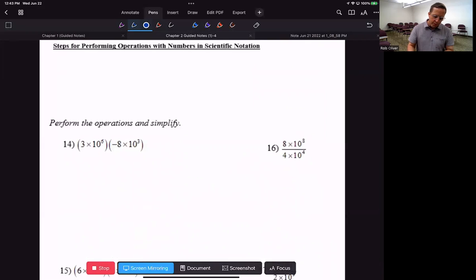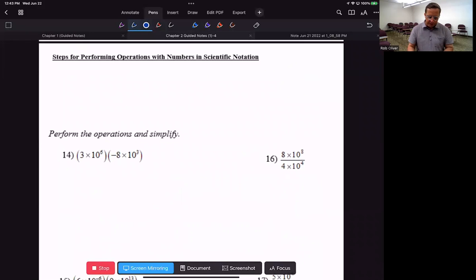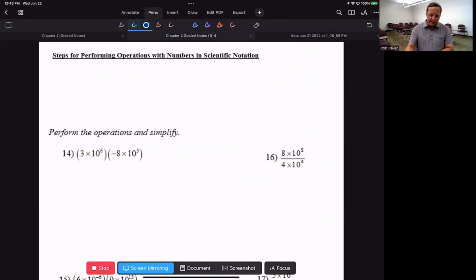All right, now steps for performing operations with numbers in scientific notation: let's go ahead and write down these notes.